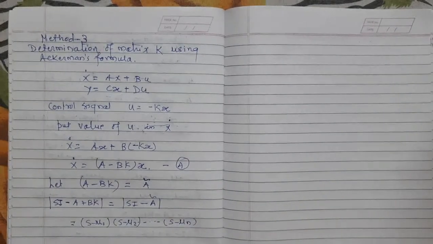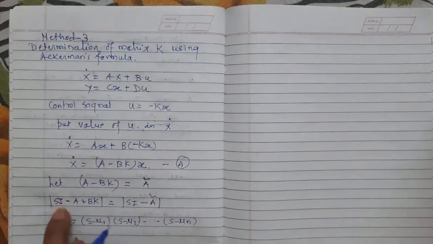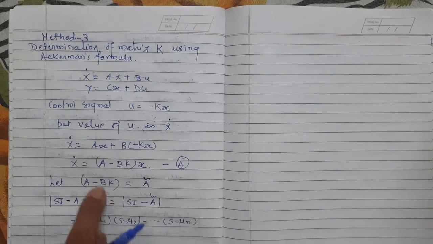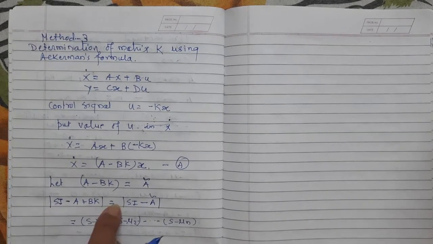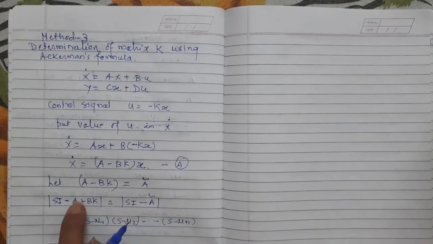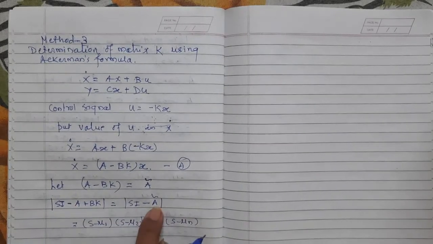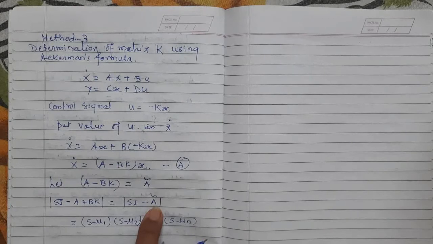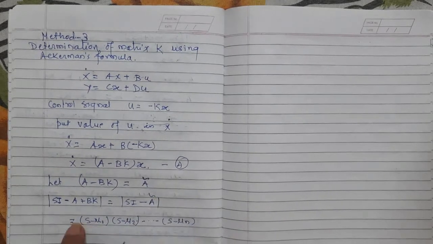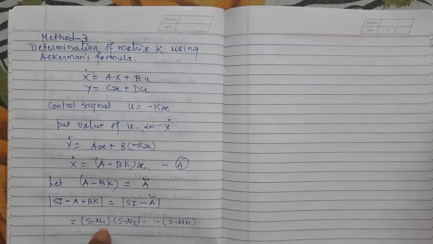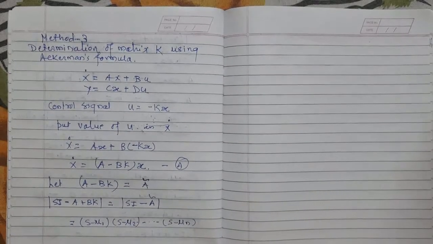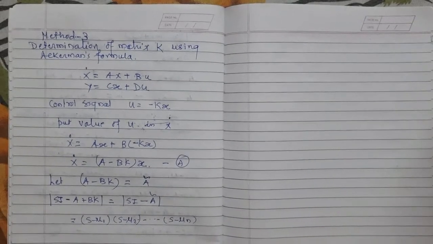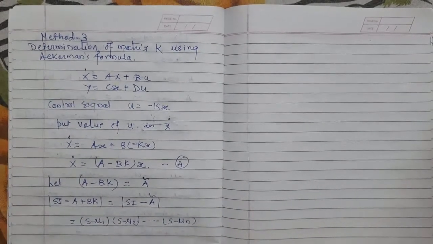So s i minus a plus bk is my equation to find the roots or the eigenvalues. We can substitute a minus bk equals a bar, so we have s i minus a bar equals (s minus mu1)(s minus mu2) up to (s minus mu n). So this value we can write down like this.